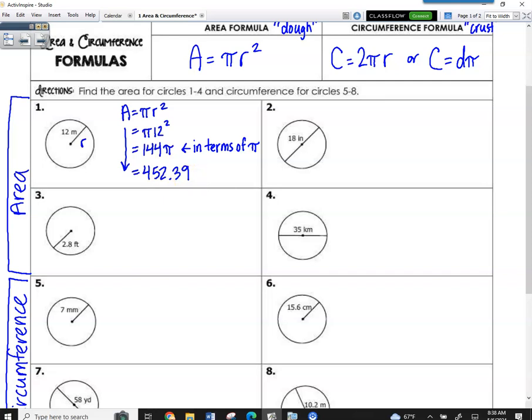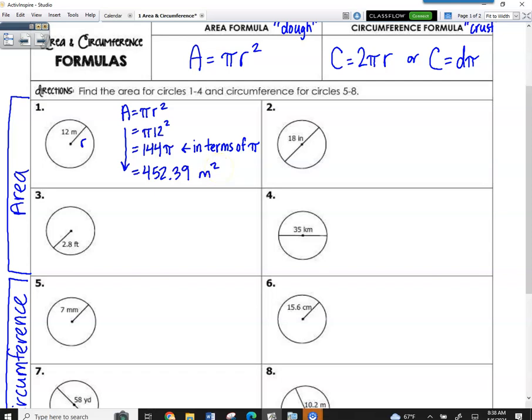Okay, and now there's a nitpickiness that we have to also account for. We have to write the unit of measurement after it. It's meters, so we're going to write meters. Here's the nitpickiness. Is it just meters or is it meters squared? You might know. It's squared. The reason it's squared is because it was the area formula.